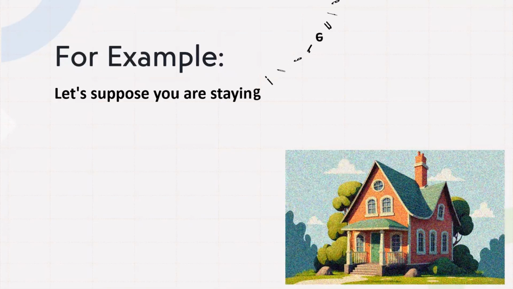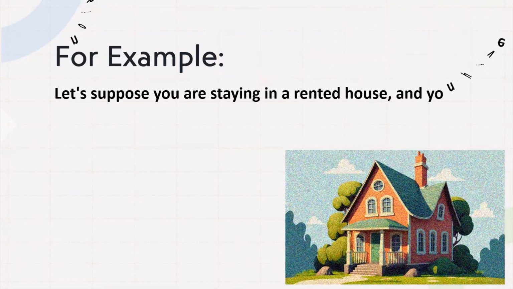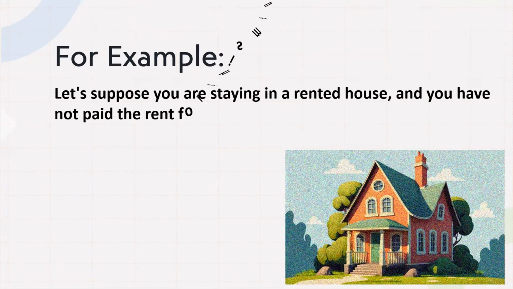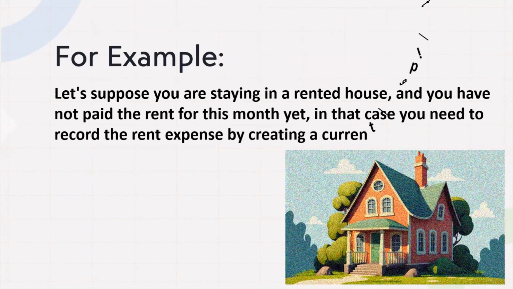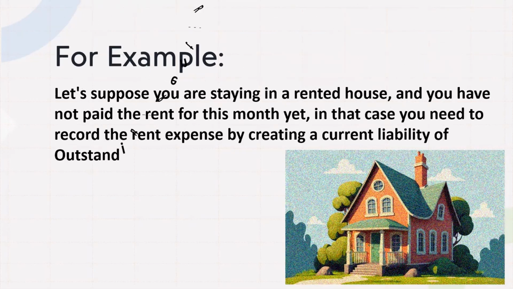Great. Let's understand the accrual concept with the help of one example. Let's suppose you are staying in a rented house and you have not paid the rent for this month yet. In that case, you need to record the rent expense by creating a current liability of outstanding rent or rent payable. So what is the journal entry which you are going to pass in this case?